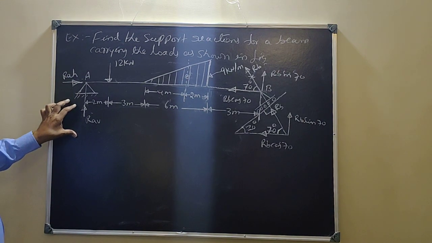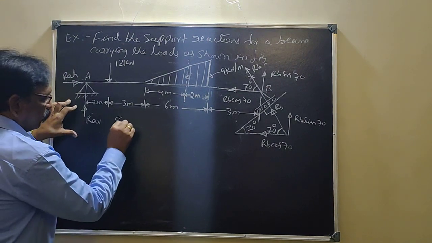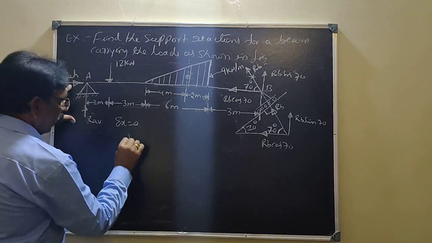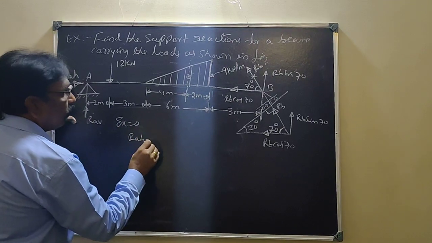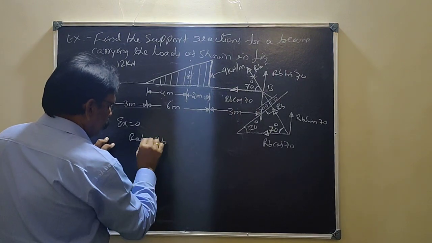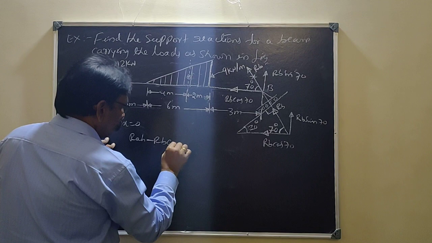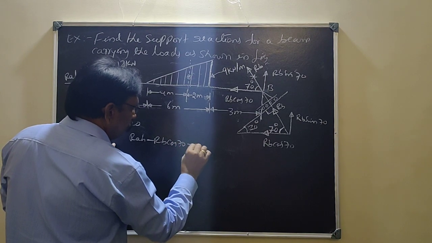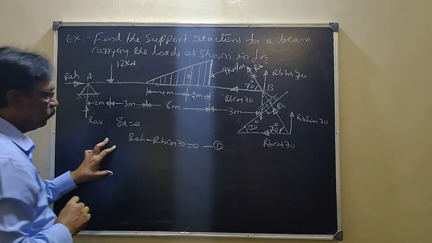Now again, sigma x is equal to 0, that is RAH to the right minus RB cos 70, which is acting to the left, is equal to 0. Equation number 1.